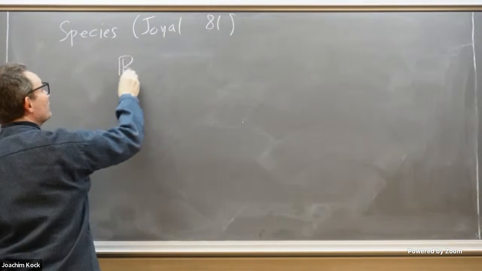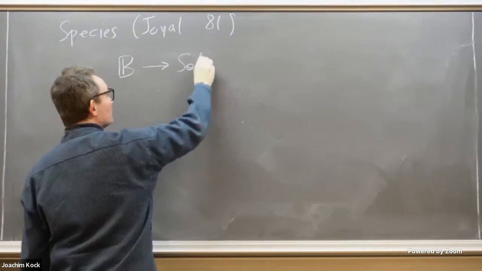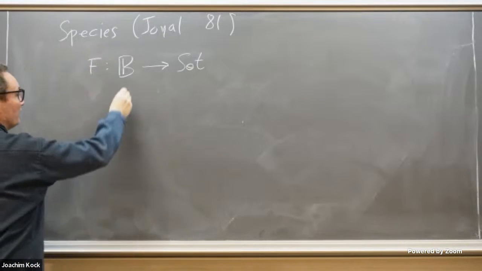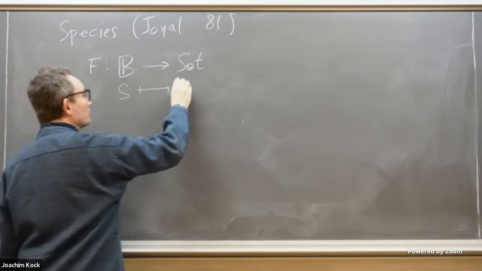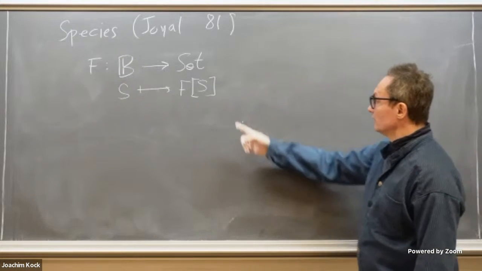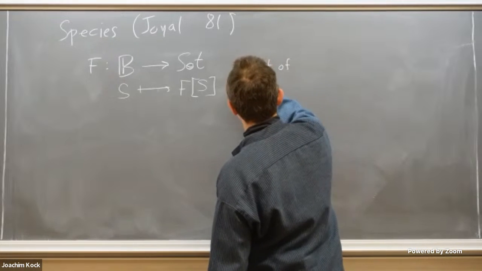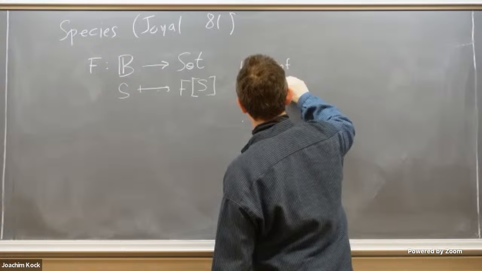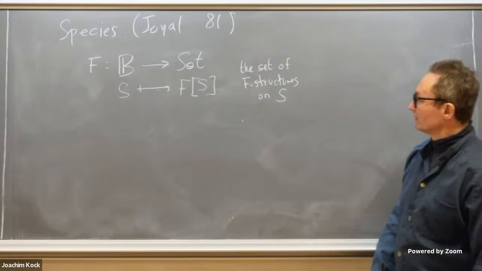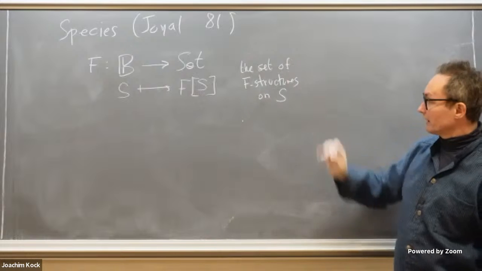A species is a functor from the groupoid of finite sets and bijections into the category of all sets. So F. And it's a tradition to denote it with square brackets like this. So you should think of this as the set of F structures on S.